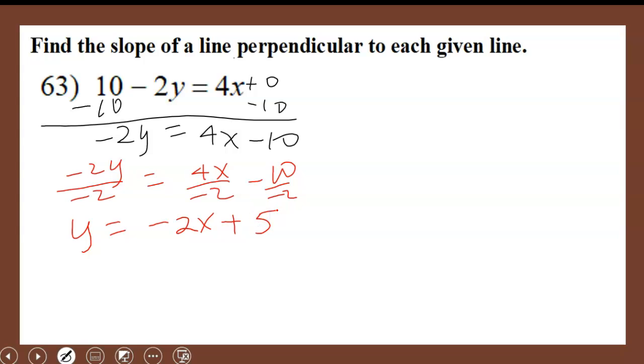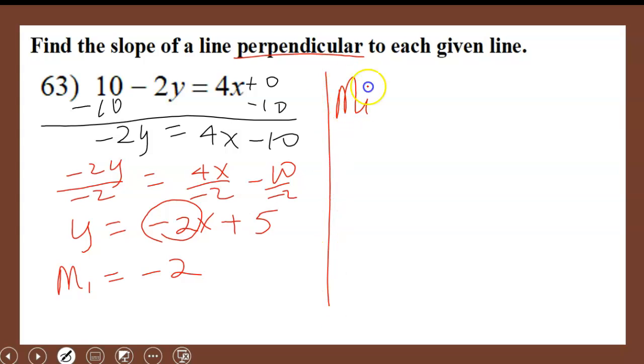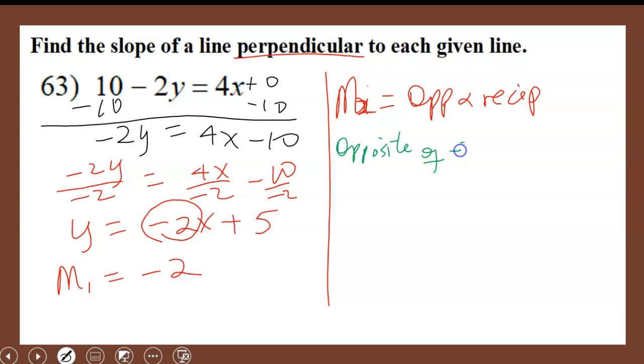Okay, so we are looking for perpendicular, but first of all, the slope of the first line is going to be negative 2. And then what's the slope of M2? The slope of the second line is going to be the opposite and reciprocal. So the opposite of negative 2 is 2.